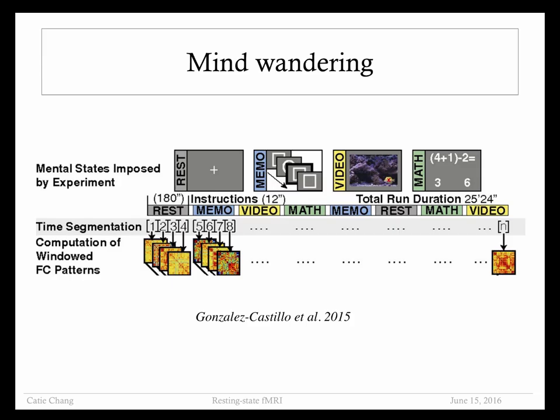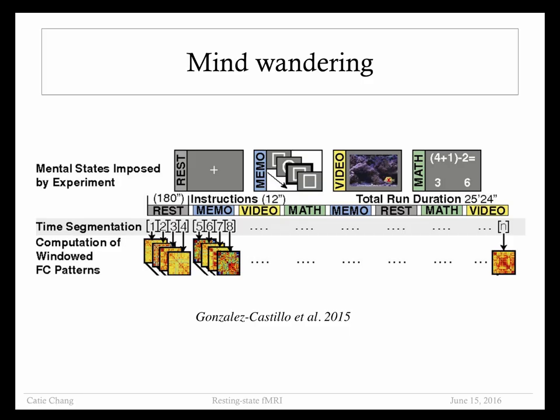And recent work from Javier Gonzalez-Castillo shows that if you now hone in on smaller time windows of data, so usually these resting state scans are like 8 to 10 minutes, but if we start thinking about what happens over 20, 30-second windows of data, here they found that they were able to distinguish based on connectivity whether subjects were engaging in one of several different kinds of tasks.